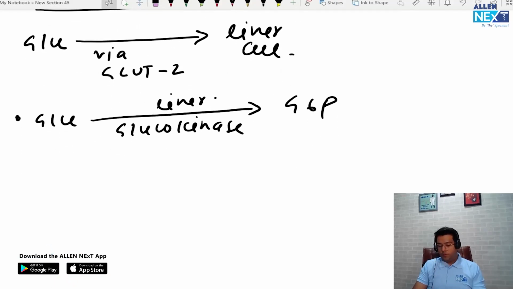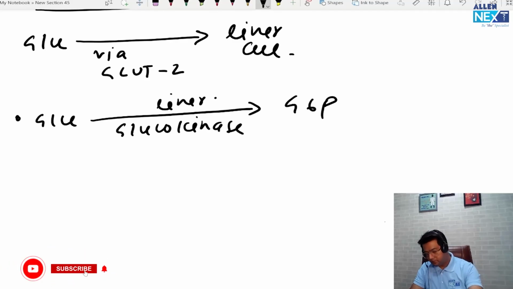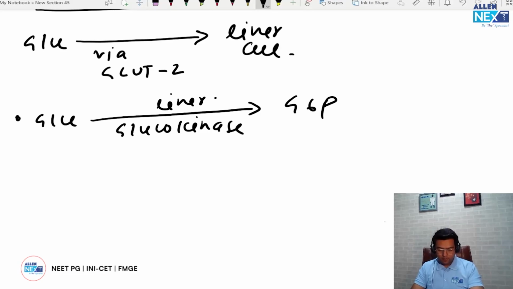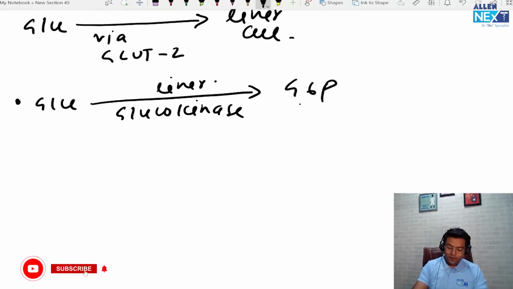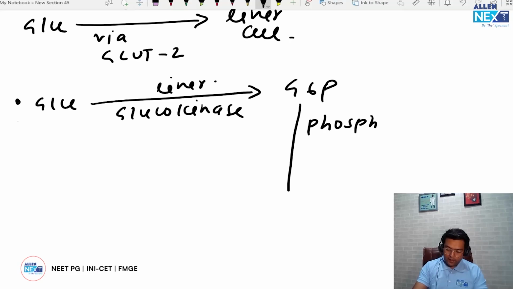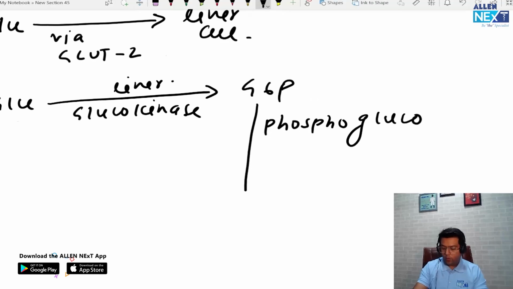Now guys, glucose 6 phosphate. Okay, glucose 6 phosphate, yes, Shagun has replied GLUT2, fine. So glucose 6 phosphate is acted upon by phosphoglucomutase. Guys, this is a very important enzyme.